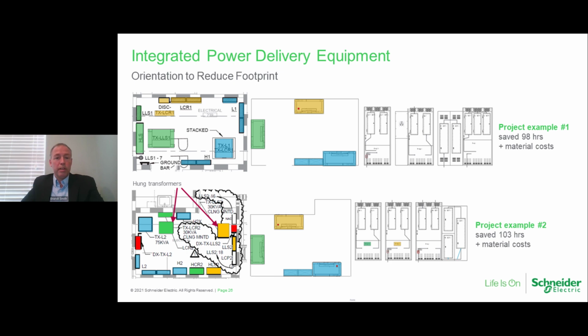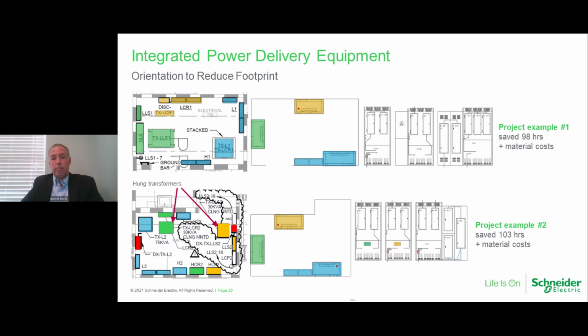A couple examples, and these are from real life. If you look at the top one, and all of the stacked transformers and all of the busy layout, and you contrast that to the picture on the right where it's a much cleaner installation.